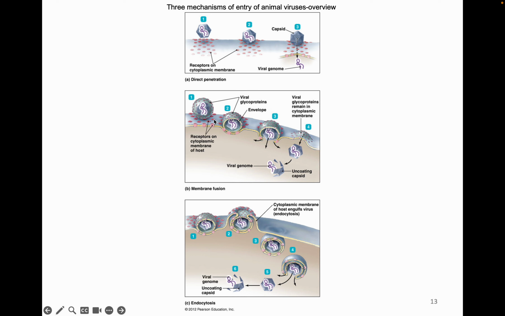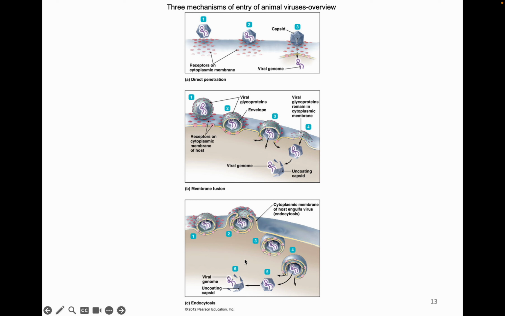There can also be membrane fusion, where the viral glycoproteins match up with receptors on the cytoplasmic membrane of the host cell, and the envelope dissolves in the membrane of the host cell, releasing the viral genome into the cell. The viral glycoproteins remain in the cytoplasmic membrane.